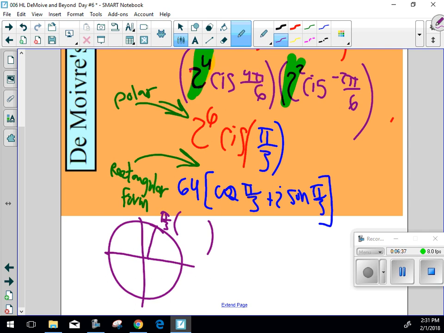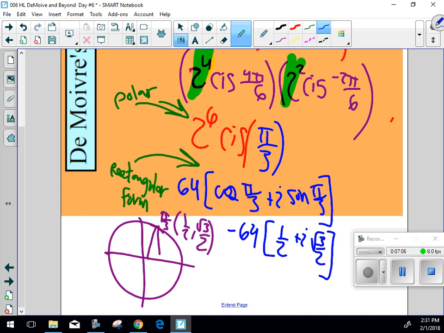On the unit circle, pi over 3, yep. And so this is going to be one half up, square root of 3 over 2. So which is the cosine? Cosine of pi over 3, is it 1/2 or square root of 3 over 2? Yep. So it's 64 times 1/2 plus I sine of that is square root of 3 over 2.